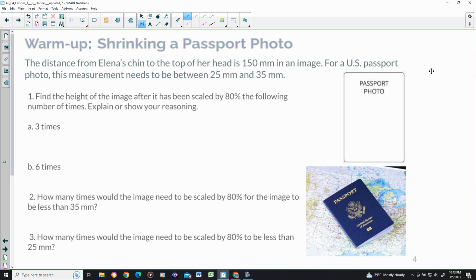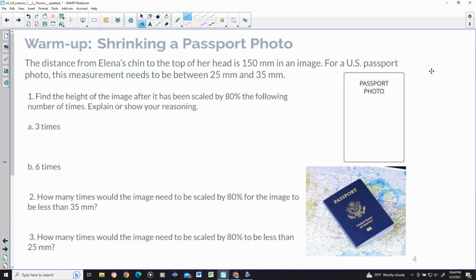Okay, so for starters, let's look at just a few samples of questions that can come up. So here's a good example, a passport photo. A passport photo is a small photo in a little booklet. Many of you probably have a passport if you've been out of the country or are planning to. But generally, the photos that are taken are obviously going to be much smaller than your face, so they have to be shrunk.